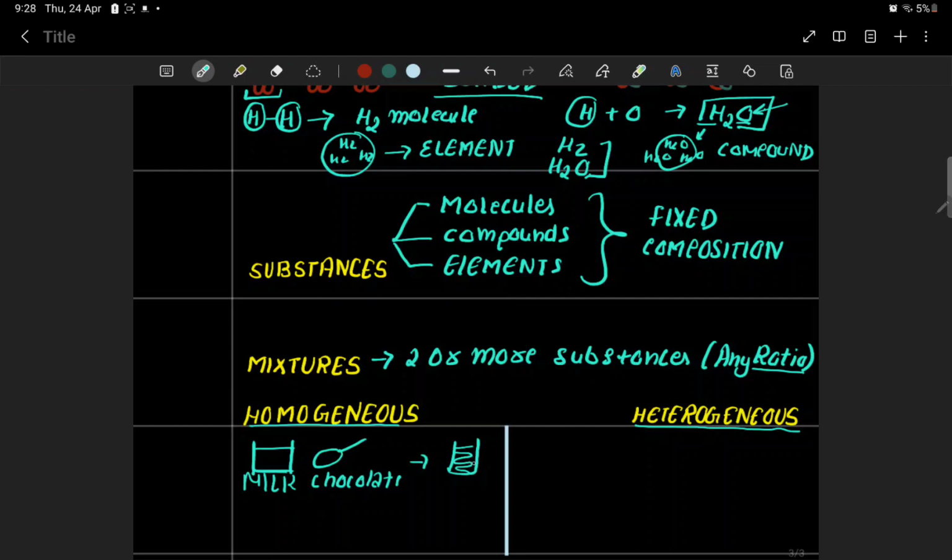You don't see an area where it's just milk or just chocolate powder. Everything is uniformly distributed. They are not in a fixed ratio, but the composition is uniform throughout.